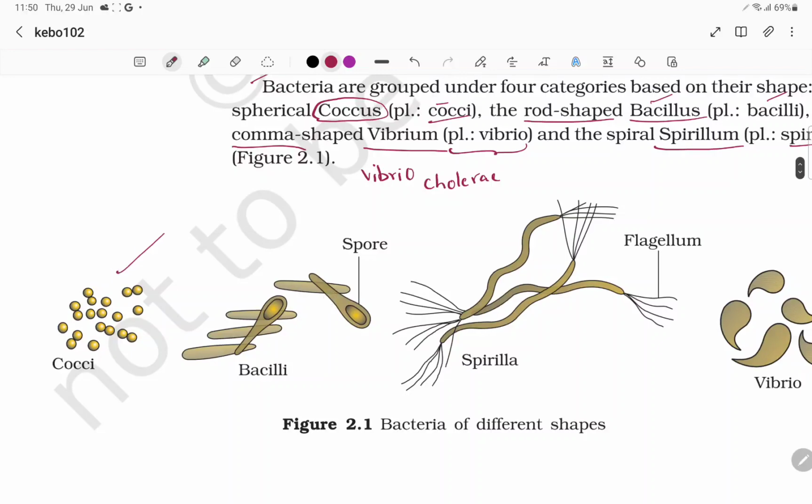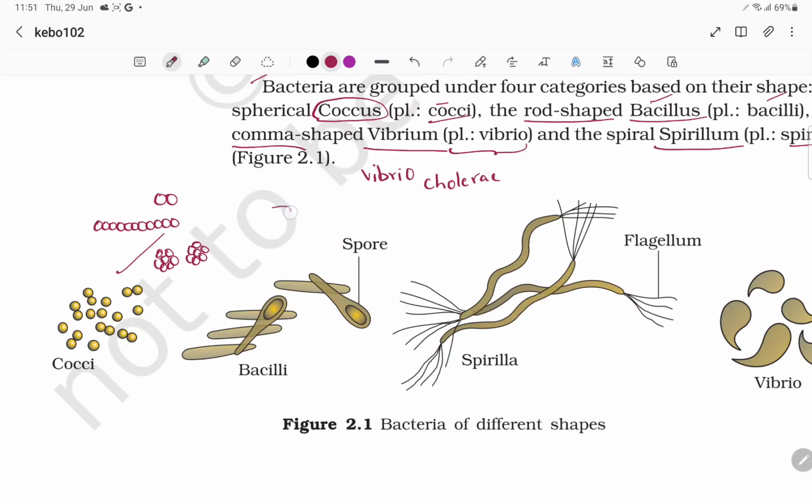This is cocci. If we have two cocci, we call it diplococci. If we have a chain, streptococci. If we have a clump, staphylococci. So these are the terminologies we have to understand. Bacilli, rod shaped, is plural; singular is bacillus. Cocci, the singular is coccus.